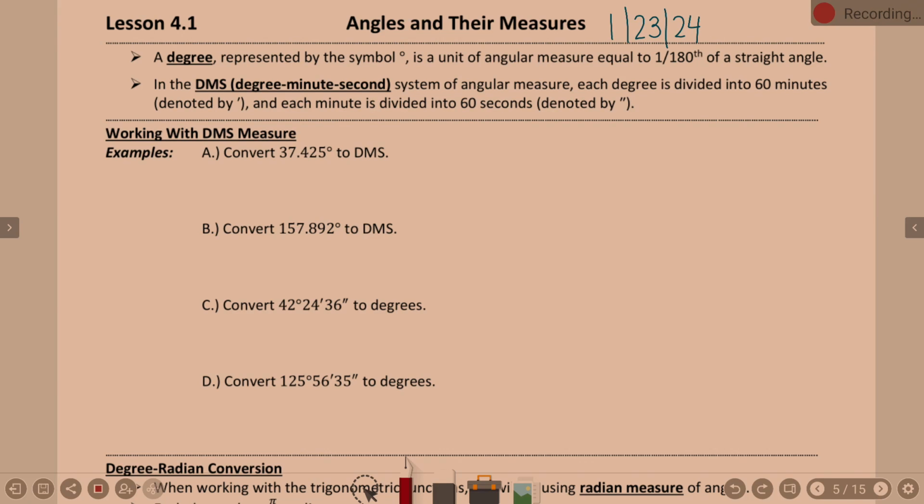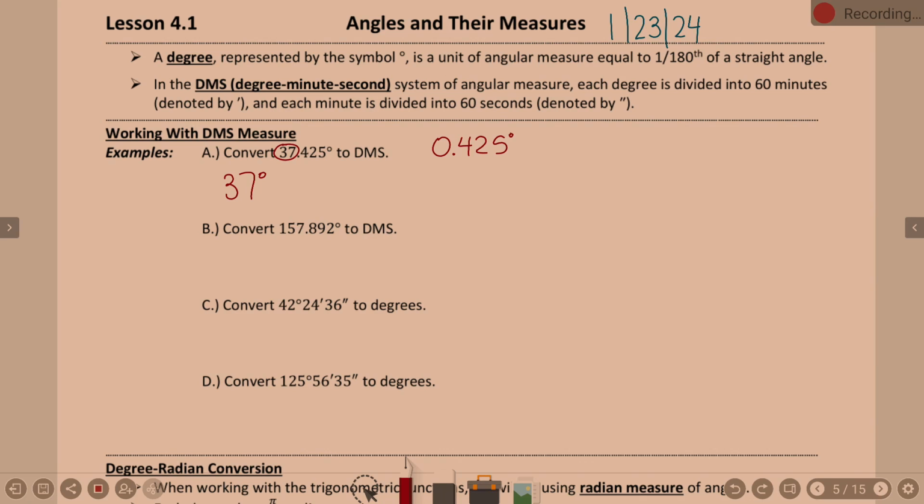So what we know right now is that this is going to be 37 degrees, so many minutes, so many seconds. Now, this 0.425 degrees represents the minutes and seconds. Okay? It represents the minutes and seconds.